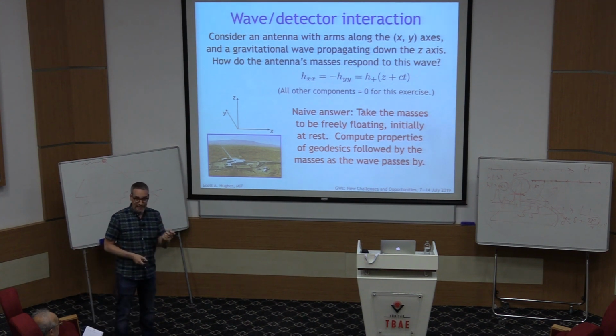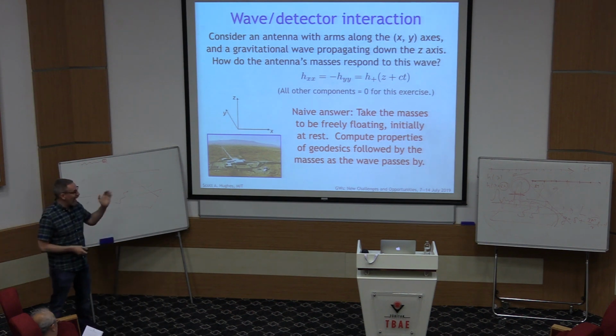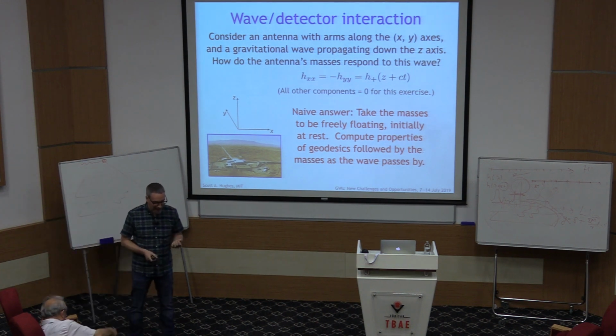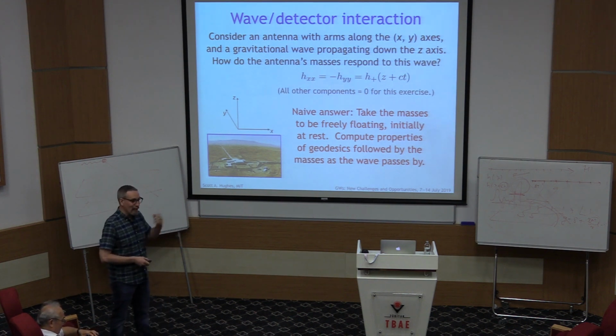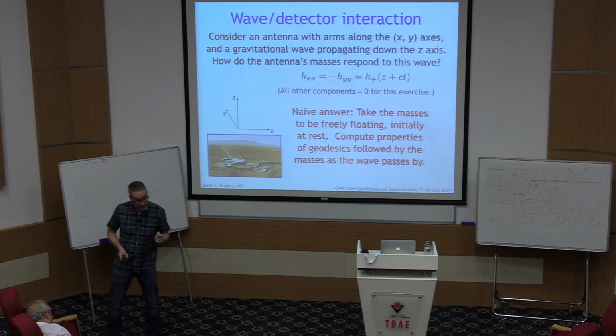The naive answer, and the outcome I'm going to show you in a moment, is something that, one of the wonderful things about being at a university like MIT is that my email is in the public domain. And so various people have emailed me this little calculation. They've basically just learned enough general relativity to be dangerous.